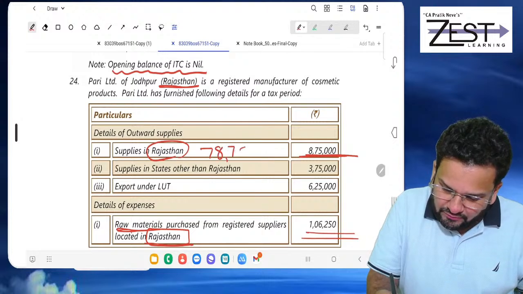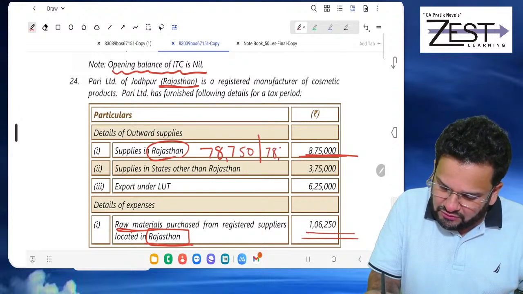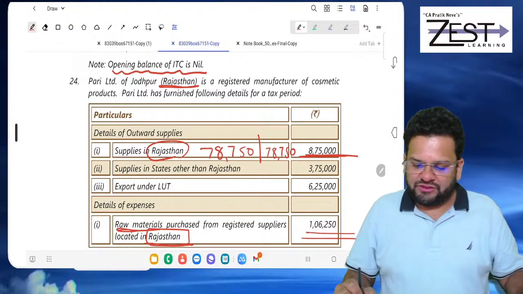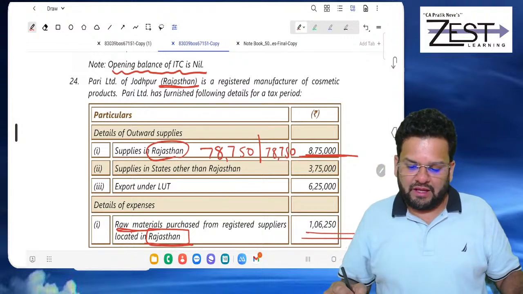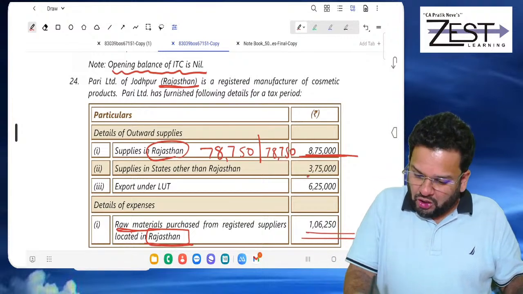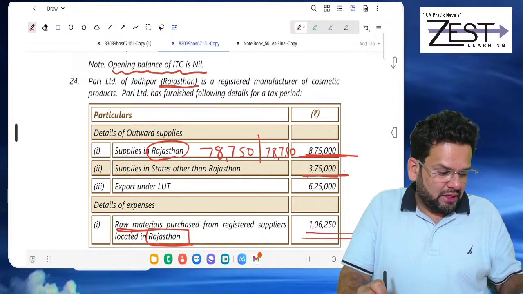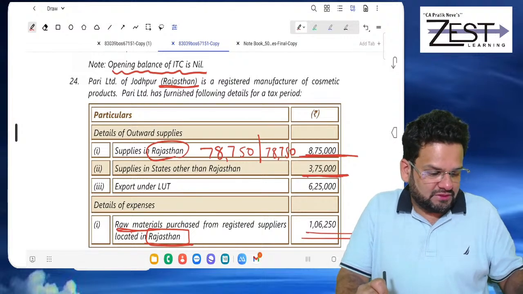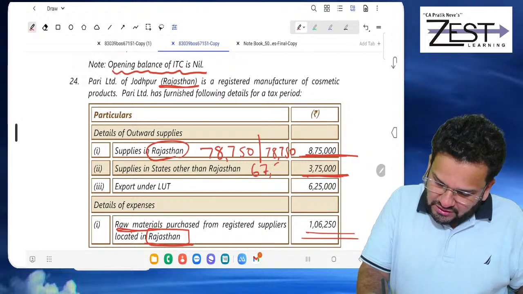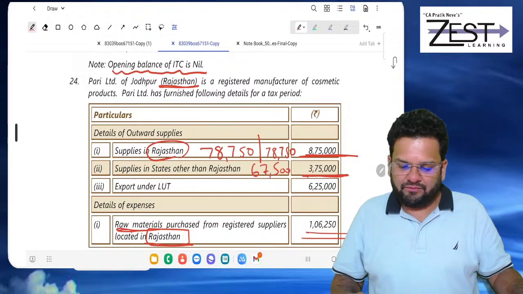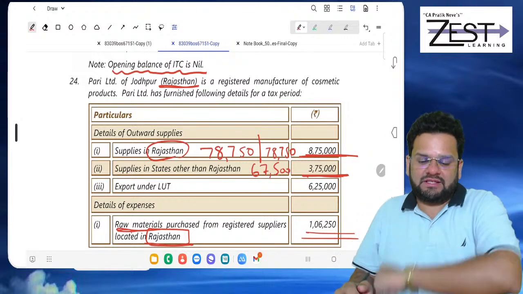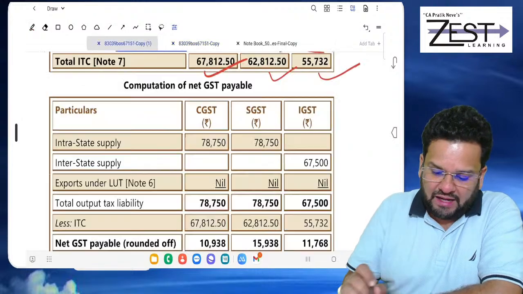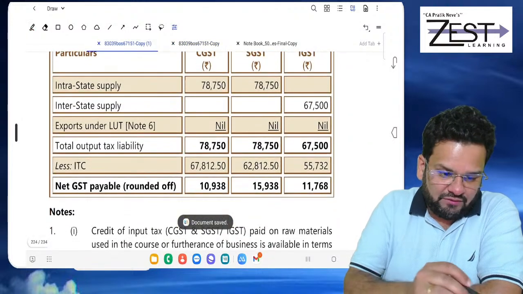Are you getting 78,750 each of CGST and SGST? On 3,75,000, can you get IGST at 18%, which is 67,500? So 78,750, 78,750 and 67,500.